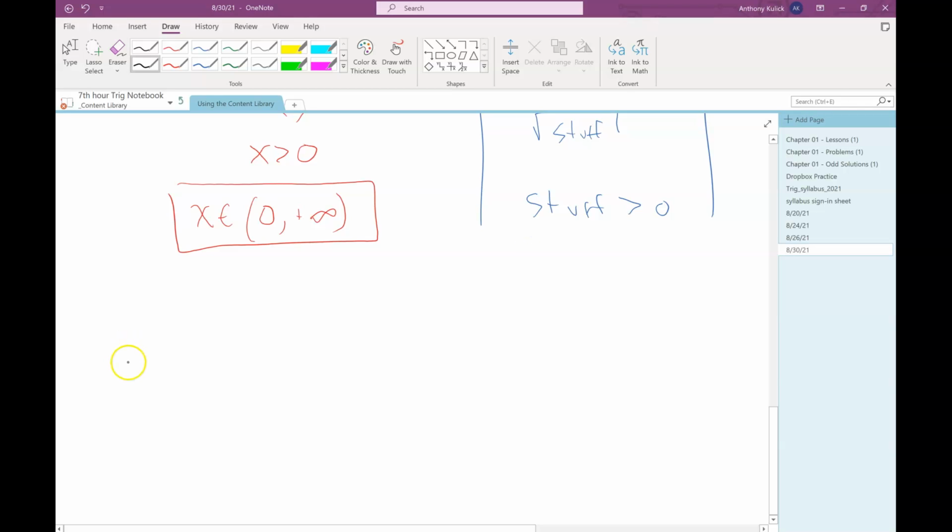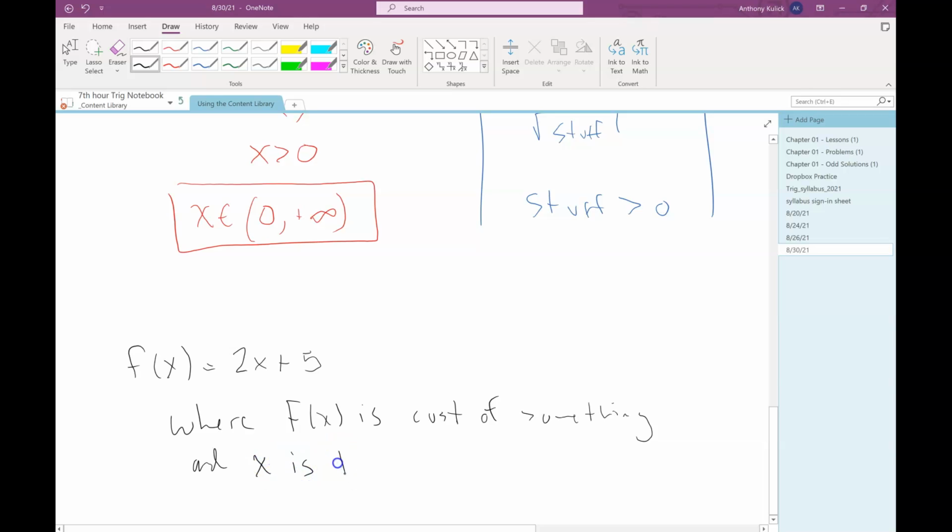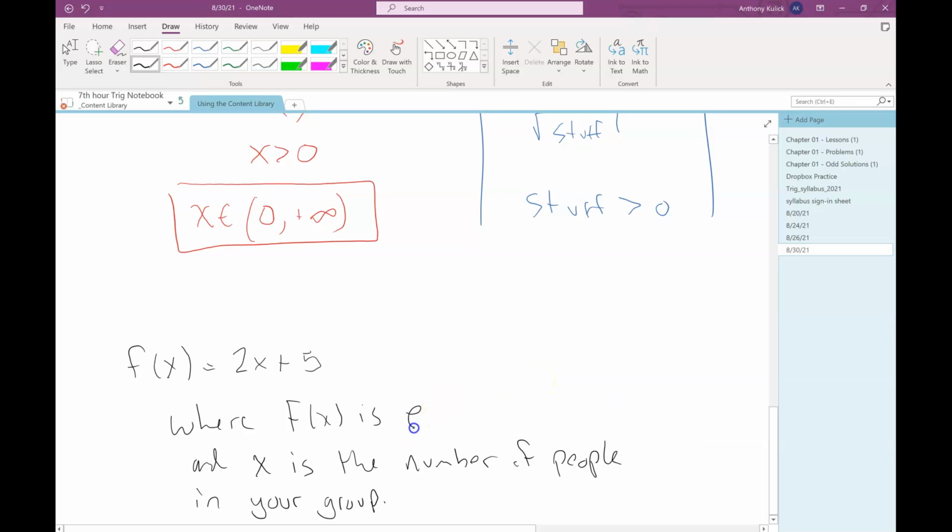So let's say that f of x equals 2x plus 5, where f of x is the cost of something, and x is the number of people in your group, like your cost of, let's say, an entrance fee or something.